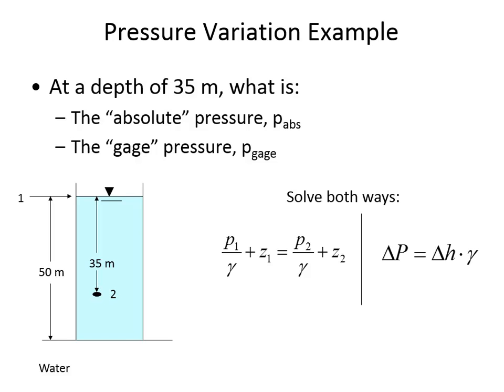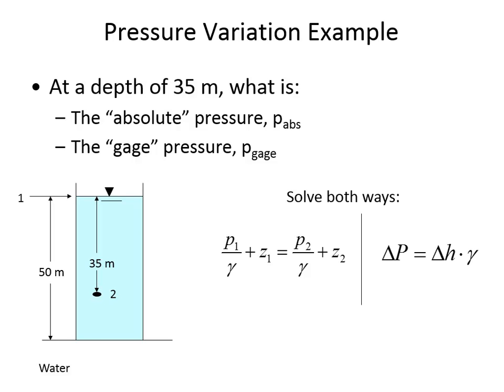In terms of gauge, of course, we're assuming that the pressure at 1 is 0, and then the pressure increases because we've gone from an elevation of 50 down to an elevation of 15 through fluid, where gamma, you should remember that gamma is a rate.